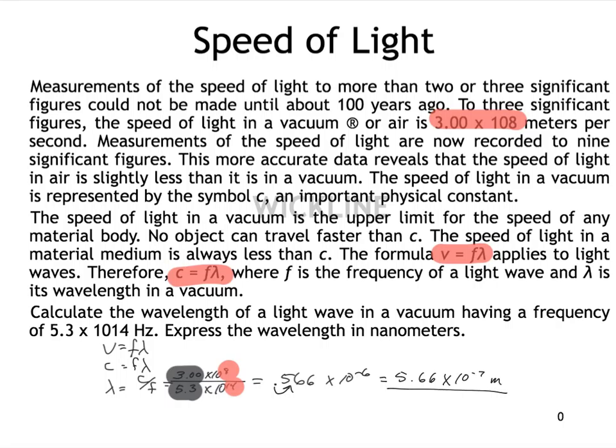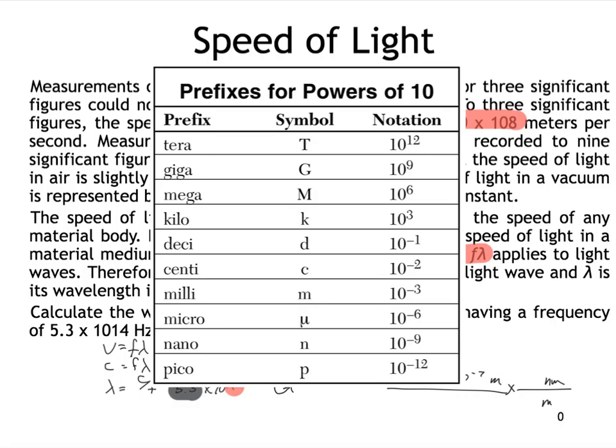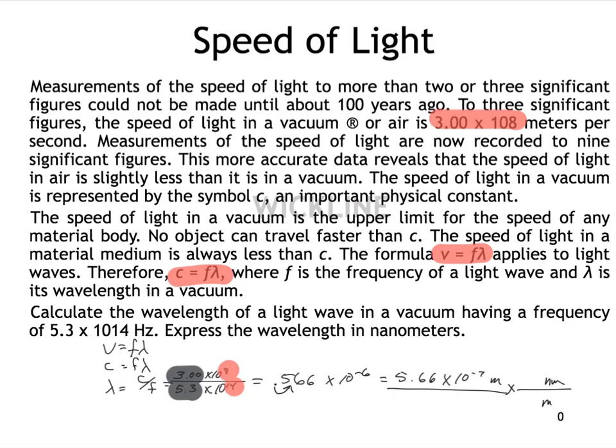Now remember, we do need to convert this into nanometers. So the way I like to do these is just multiply them by a conversion factor, where you have meters on the bottom and nanometers on the top. Now we just need our reference table for the rest. Alright, so right here we can see that nano really means 10 to the negative 9. So in other words, 1 nanometer is equal to 10 to the negative 9 meters. So let's get rid of this, and we'll plug that in as our conversion factor.